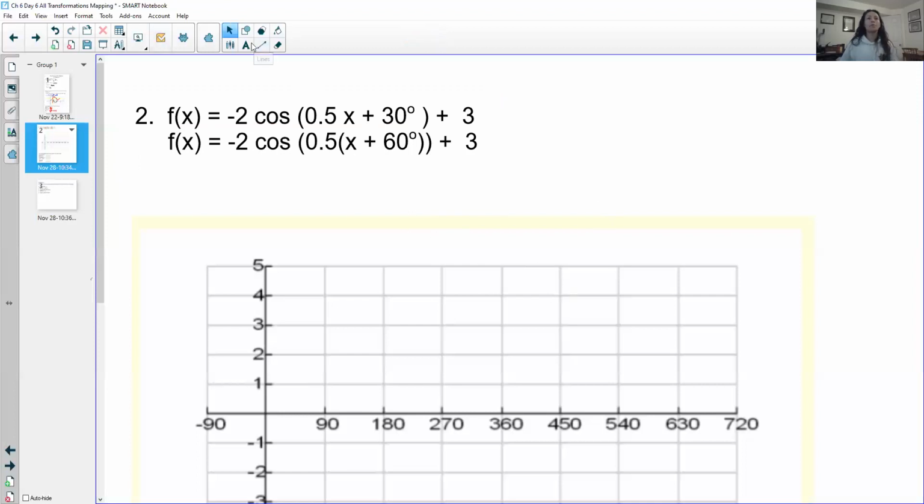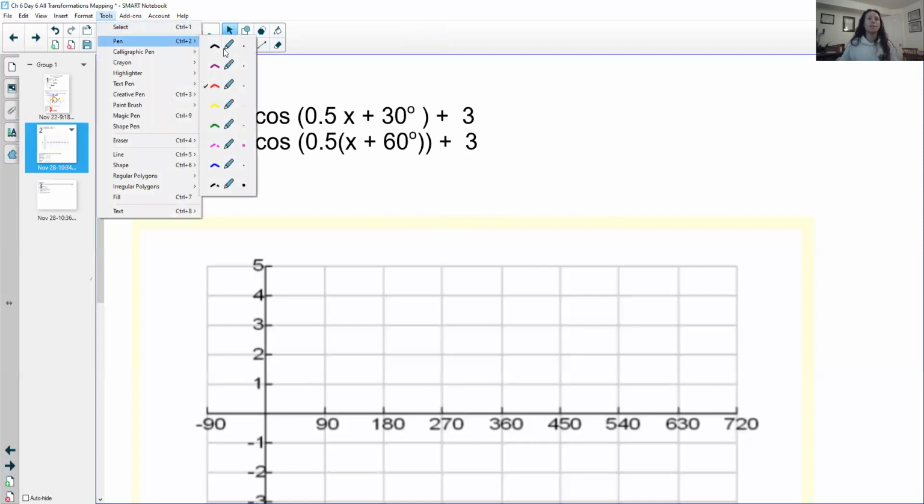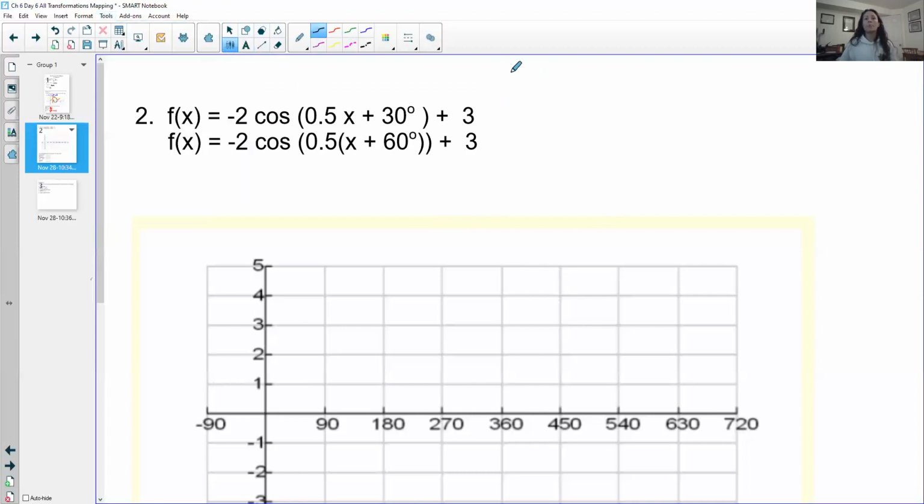As for our mapping rule, I'm going to try and use the pen tool. I know it gets pretty messy. I apologize ahead of time. So we have got our x and our y values. Use the main points. We are graphing cosine. So on our x axis, we would have 0, 90, think about your unit circle, 180, 270, and 360.